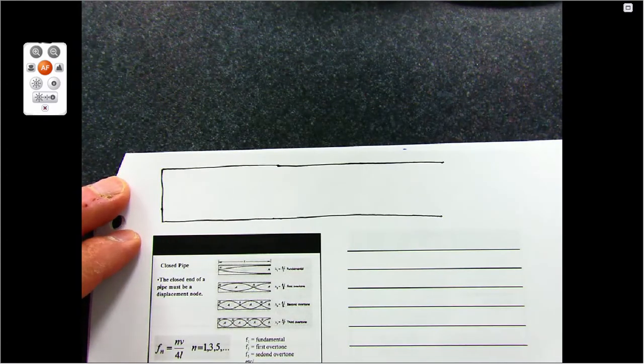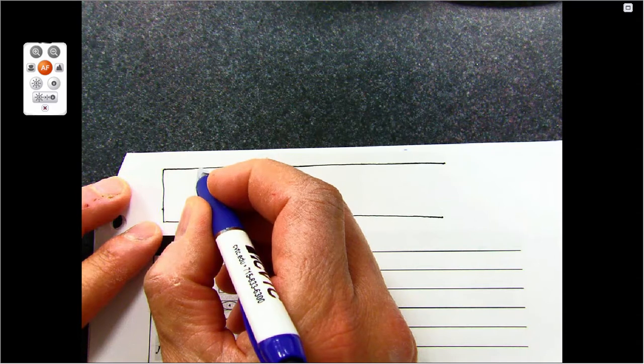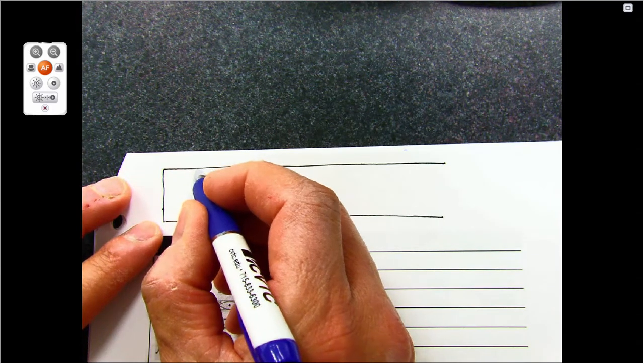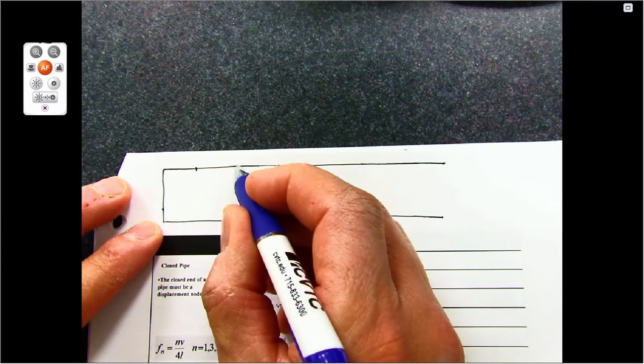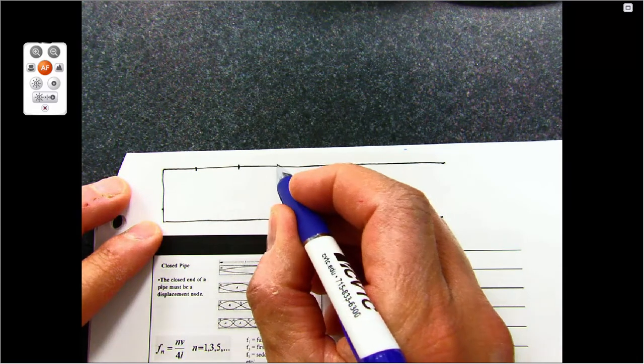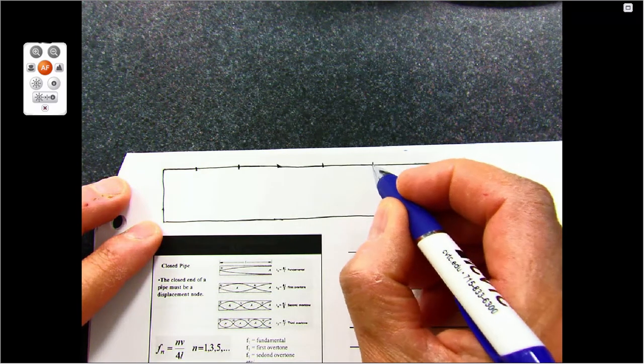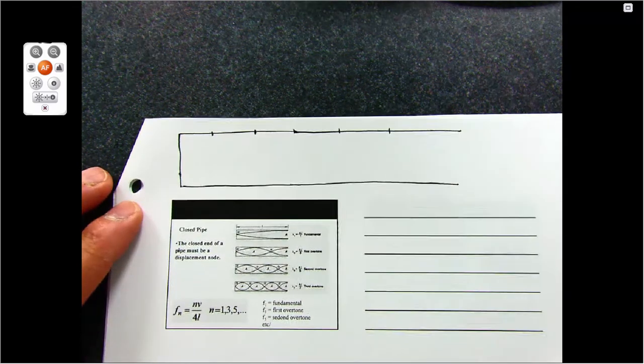Now, to get this to match, I'm going to do 5 ticks. 1, equal distance. 2, 3, 4, 5, like that for now. Can you make equal distance 5 ticks?